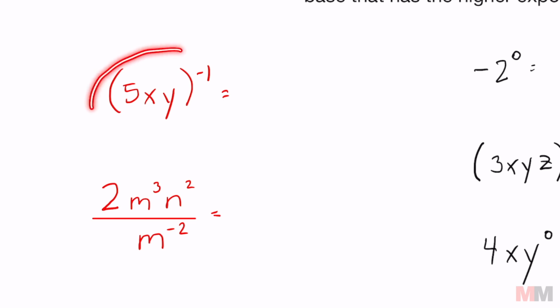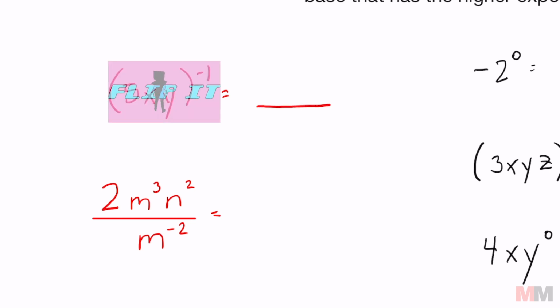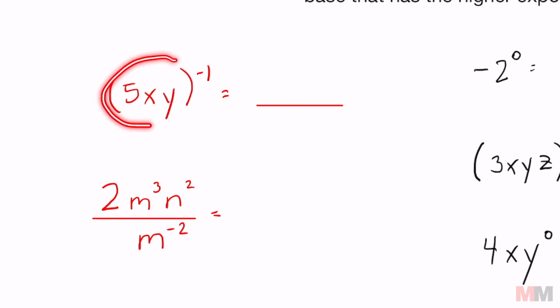This is all on the top, technically over 1. They just don't show it like that. If you see something to the negative power, even if it's in a bracket, all you gotta do is put the whole thing at the bottom right away. You don't have to distribute this, because it's in parentheses.